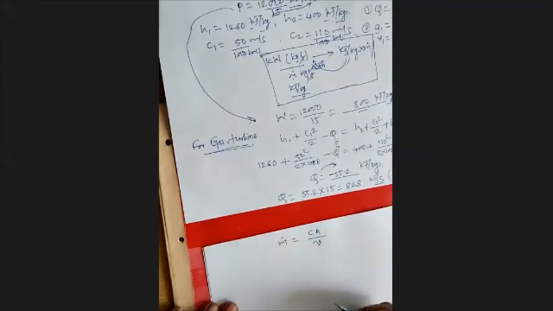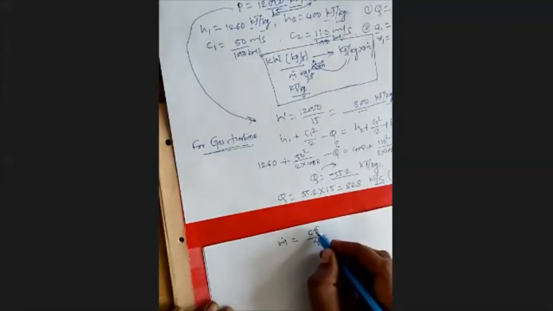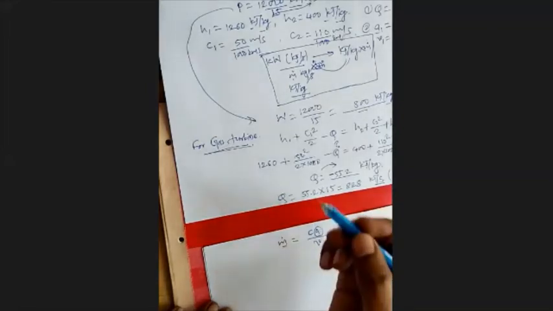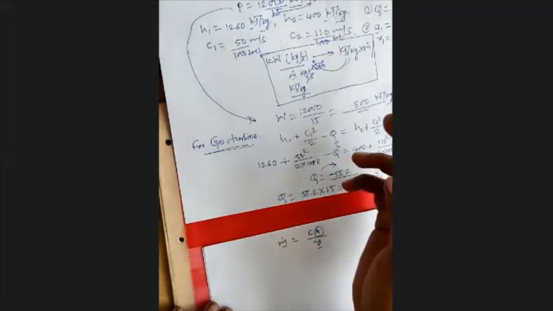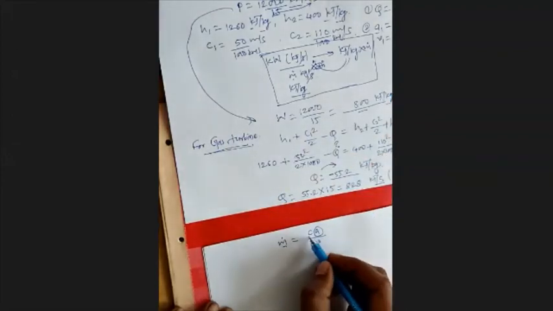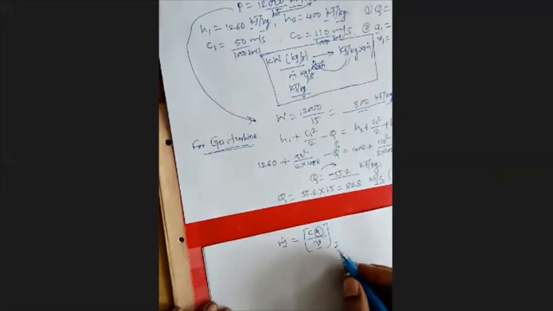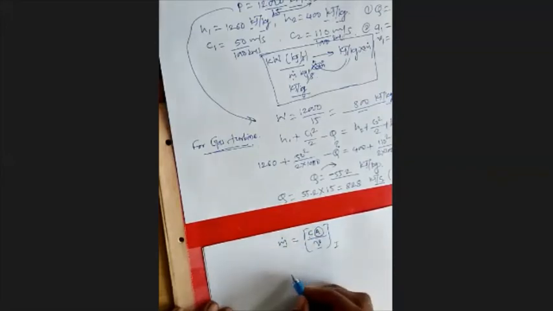Now here we need to find this A. Mass flow rate is given, specific volume is also given, and velocity is also given. All these things for the inlet, right? So we need to find A1.